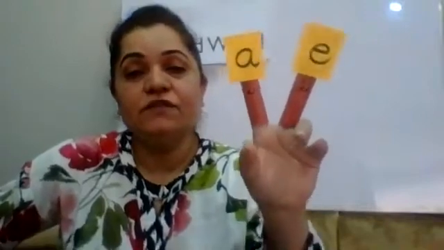We made the words with the help of these two vowels. Today we are going to use the rest of the three: I, O, and U. We're going to take these three vowels, and with the help of consonants, make words.